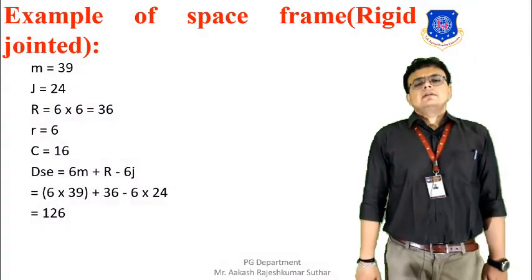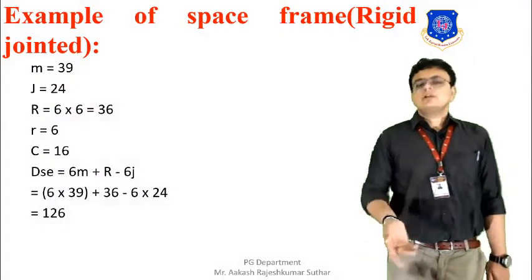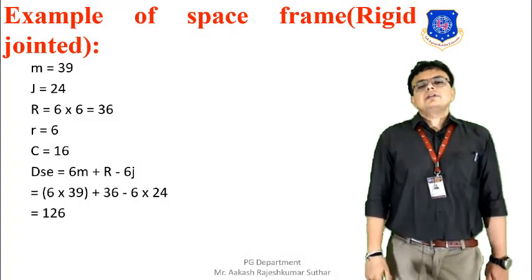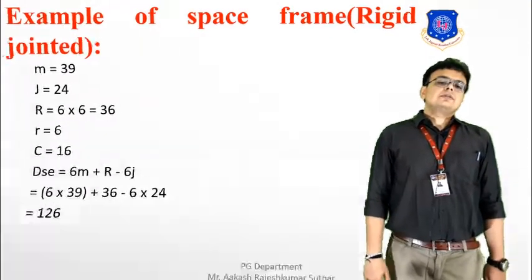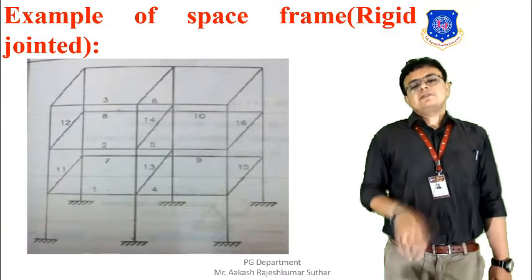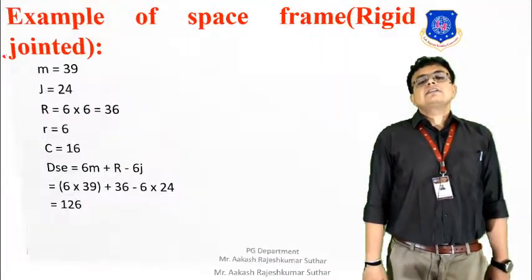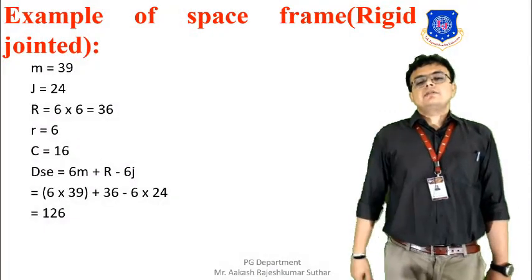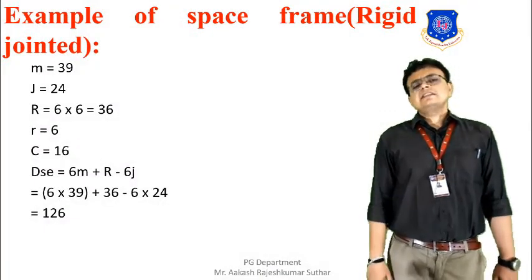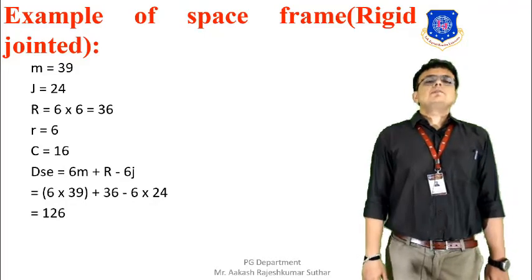At the same time, for the formula, we also have to count the number of joints. After counting all the joints, it is final that there are 6 joints in this particular frame. Now next is the reaction component.